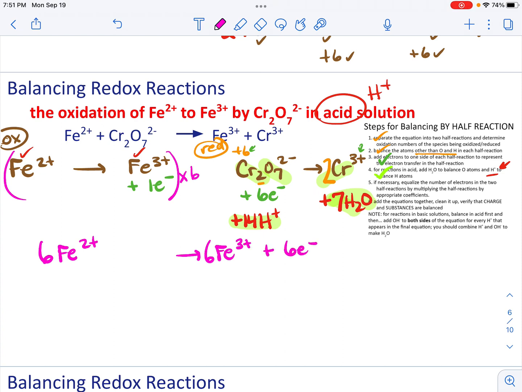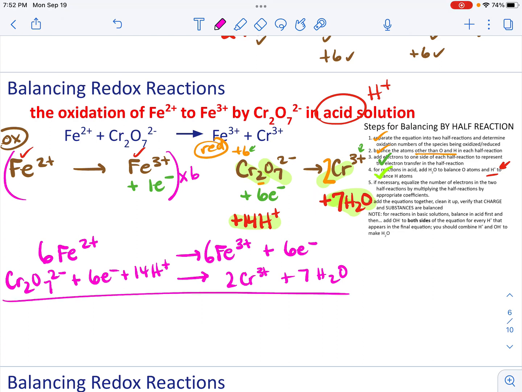That's that equation. I'm not multiplying the other one, so I'm going to have Cr2O7 2- plus 6 electrons plus 14 hydrogen ions gives me 2 chromium 3+ and 7 water. And now I can add these together, and my 6 electrons will cancel, and nothing else is in common.